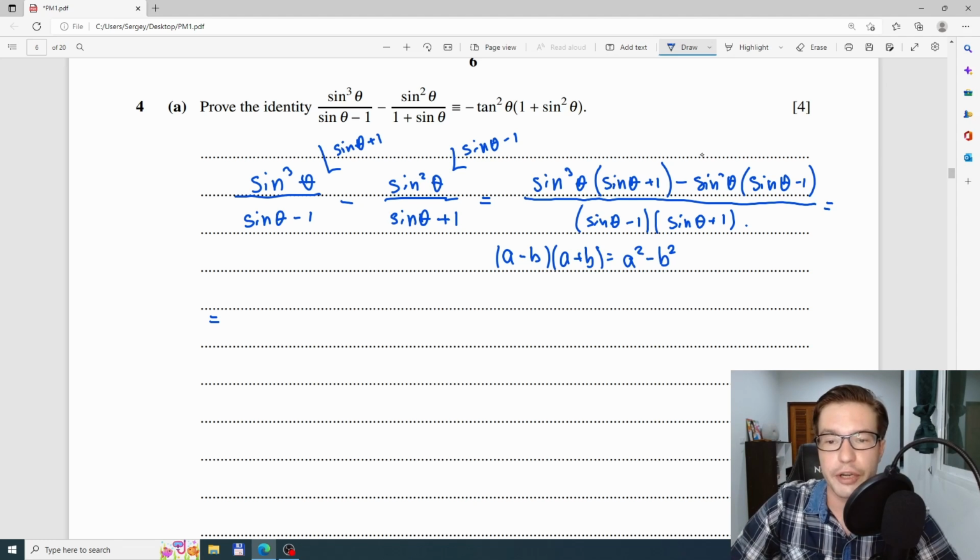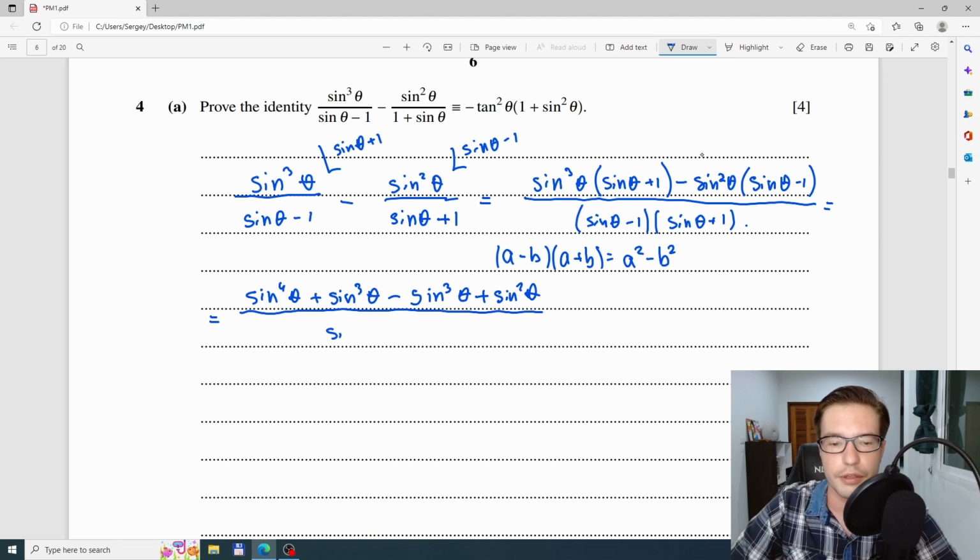So expand the brackets on top, multiply out, we'll get sine to the power 4 theta plus sine cubed minus sine to the power 4. Oh, that's 2. So it's going to be sine cubed, minus and minus is going to be plus, so plus sine squared theta, over sine squared theta minus 1.